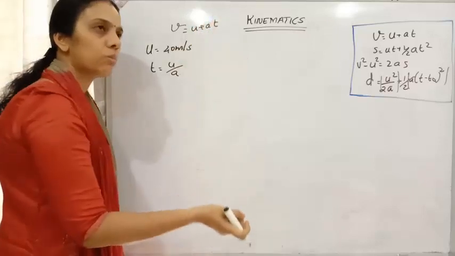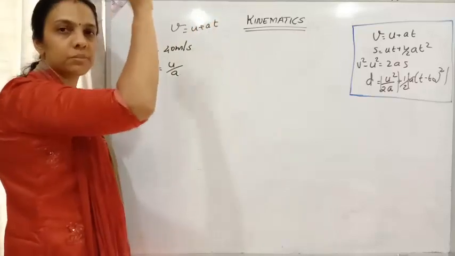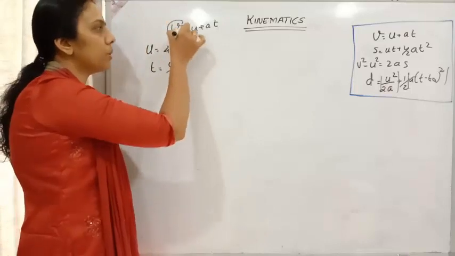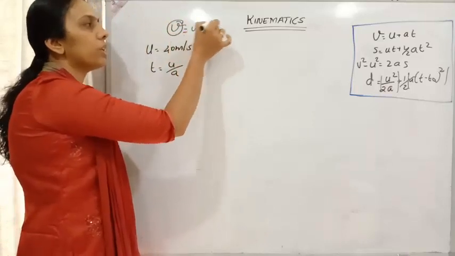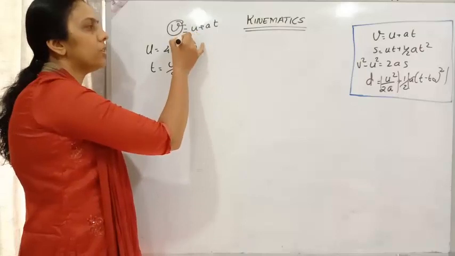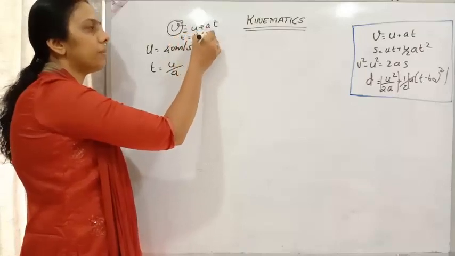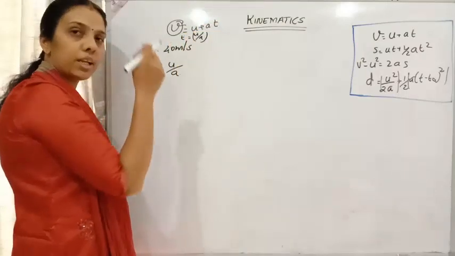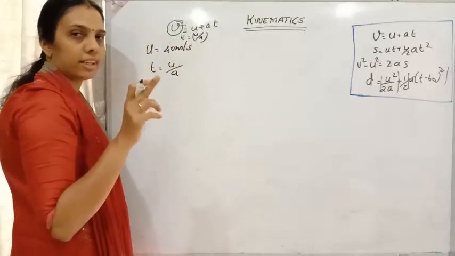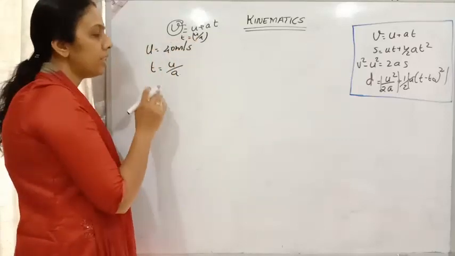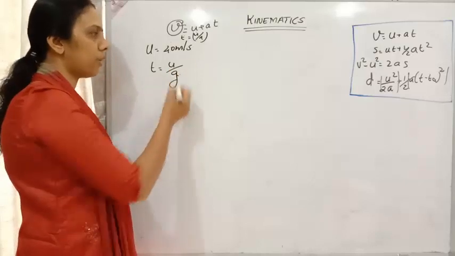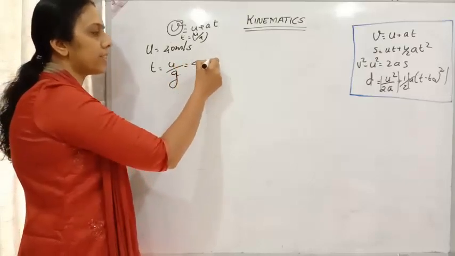When we throw an object upward, at maximum height the final velocity will be equal to 0. Therefore 0 equals u plus at, so t equals u by a. Since in the upward direction g is taken as negative, here u by g will be the formula. So we get 4 seconds.